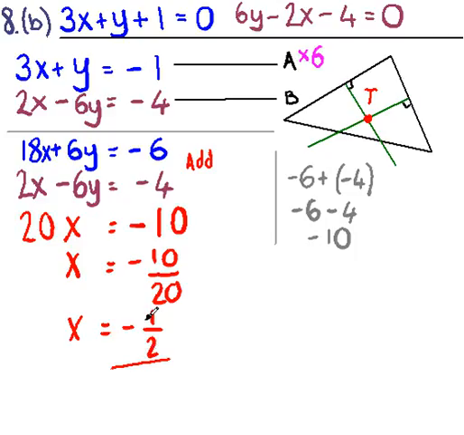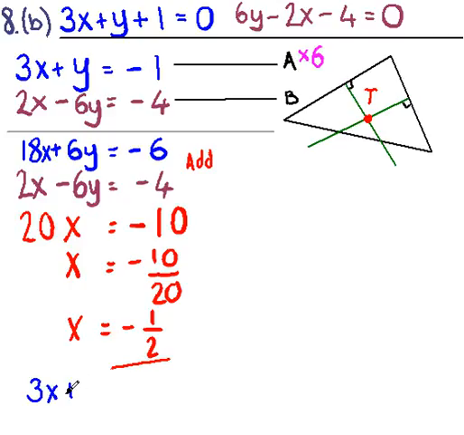So we get that by substituting the x value we've just worked out into equation A. So our equation A was 3x plus y equals minus 1. So x is minus a half, so we have 3 times negative a half plus y is equal to minus 1.